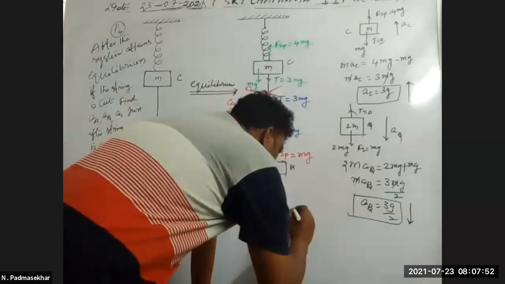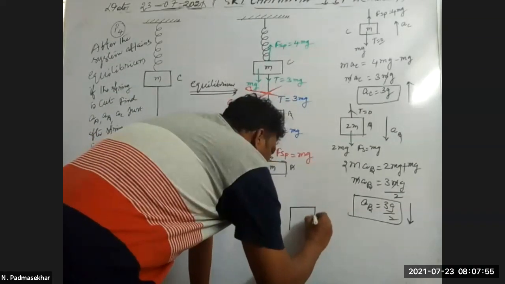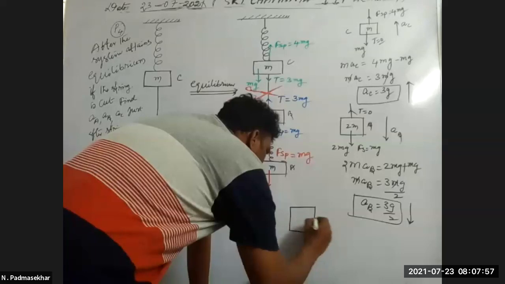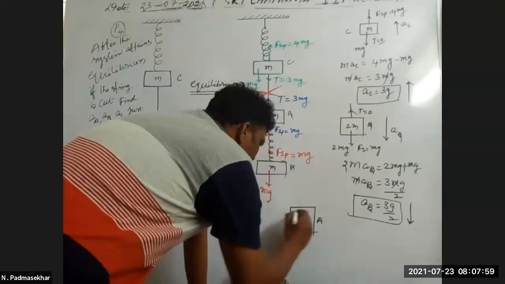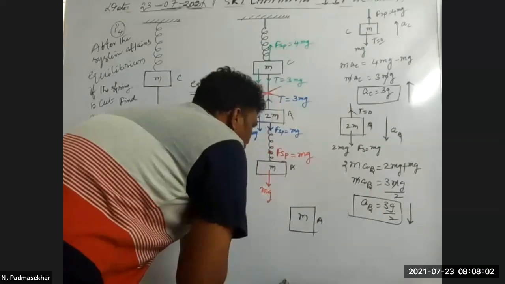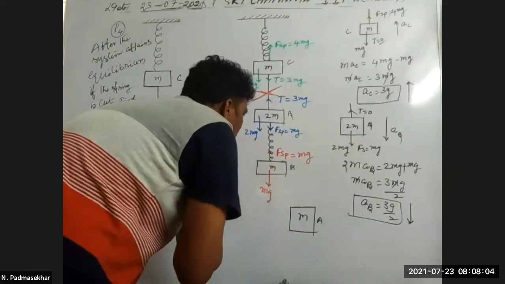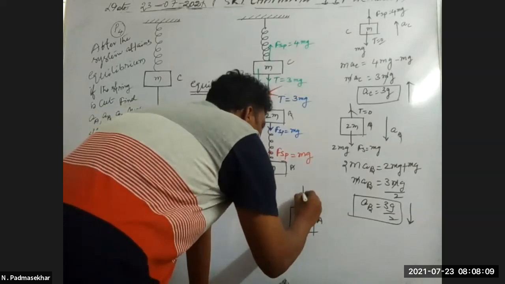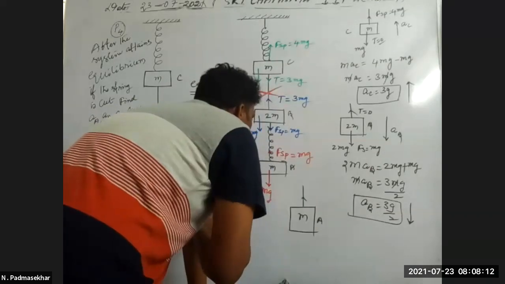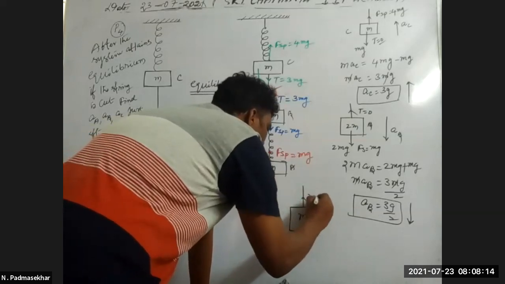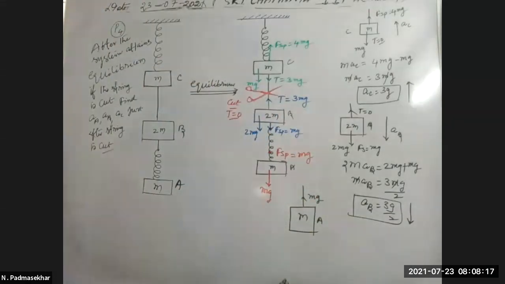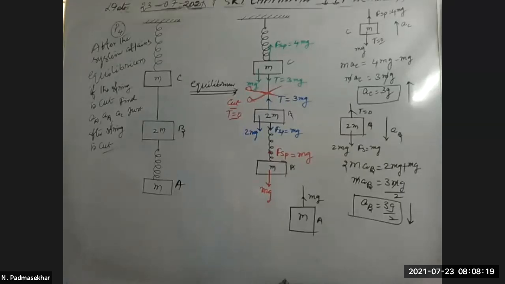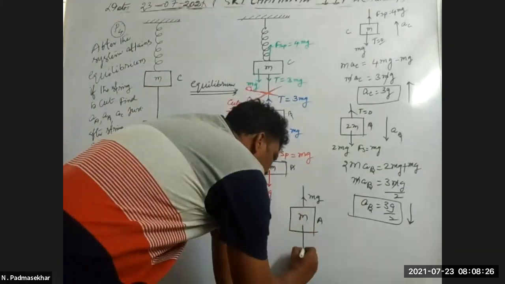Block A of mass M. What are the forces acting on this one? It is mg downward, and the other mg is upward.